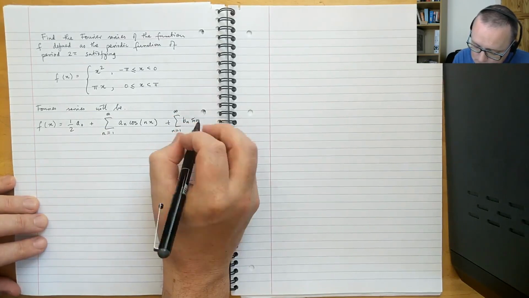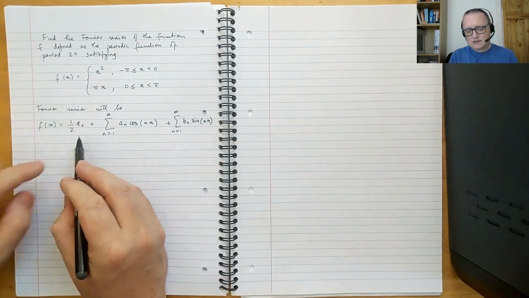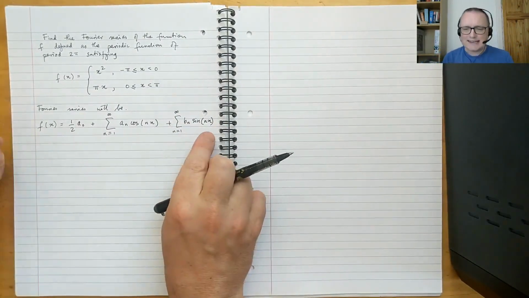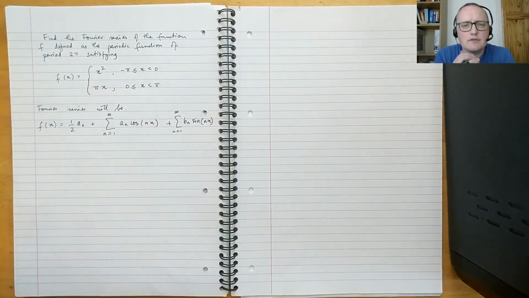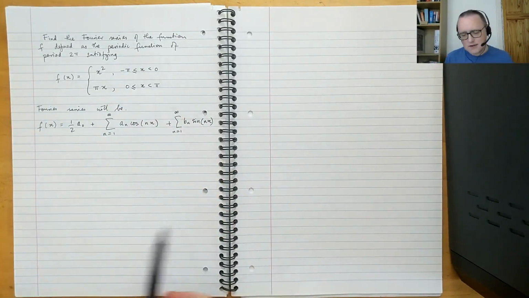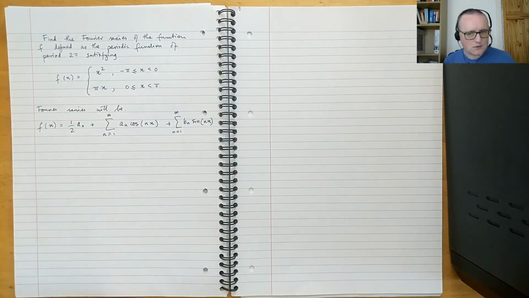The sum from n equals 1 to infinity of bn times sine nx. So the constant function 1, the cosine nx functions, the sine nx functions, those are the Fourier basis functions. And the theory of Fourier series says that we can express any reasonably well-behaved function in such a way.